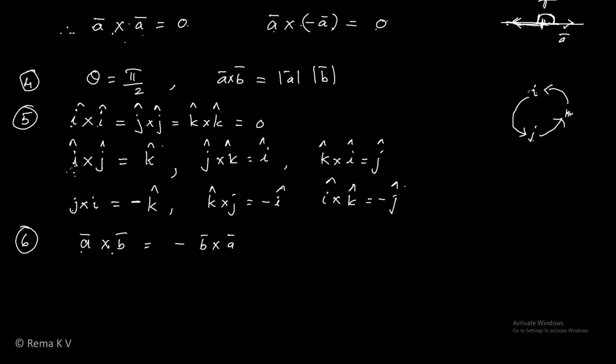So when we are considering A cross B, we are taking n cap, and when we have to consider B cross A, the vector which is in the opposite direction of n cap is to be taken as minus n cap. So A cross B is equal to minus B cross A.